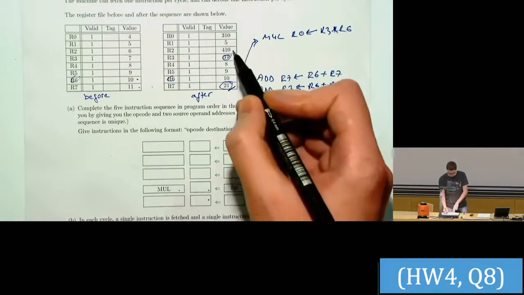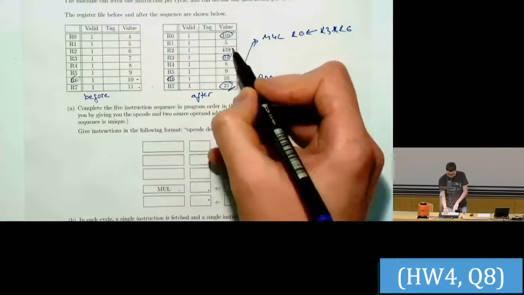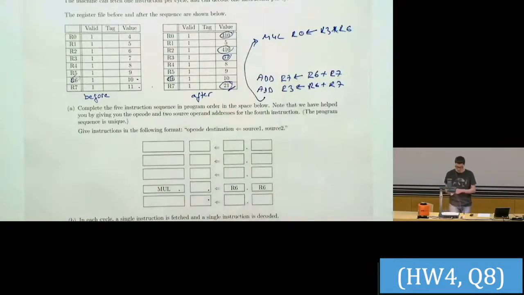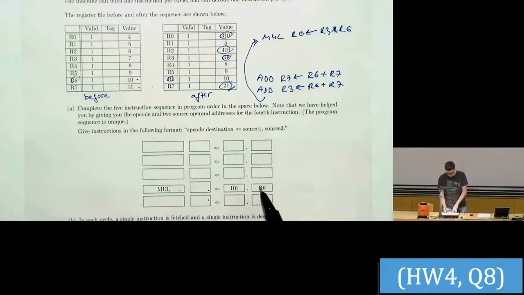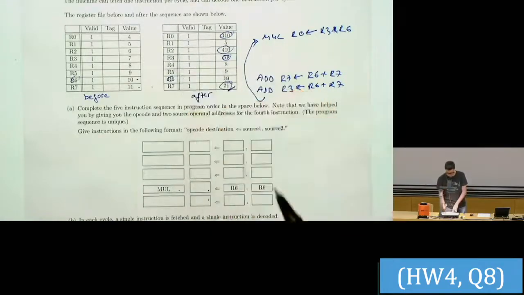And finally, we also updated this, so we will need an instruction to calculate 410. It is basically the addition of 310 plus 100, right? So this is already giving us 100. And we know that we need to write the result here to R2, so this instruction should be modifying R2, right?